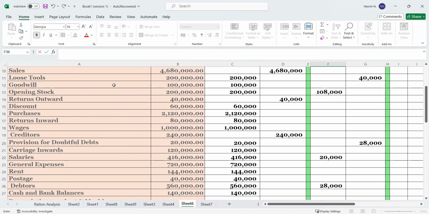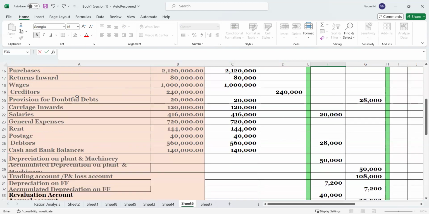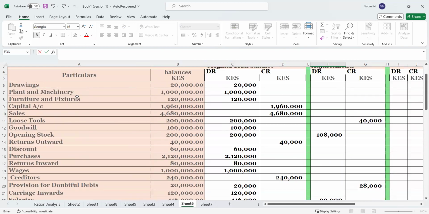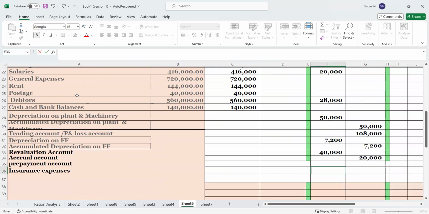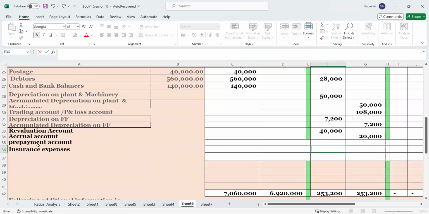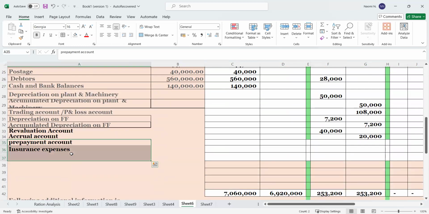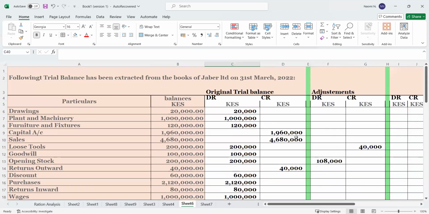I can't really see insurance in this column. So if you do not have insurance, it means what you are given is what was prepaid, and it is not affecting our income statement. So you leave it alone. I hope that is clear. So we will just proceed with whatever we have done.